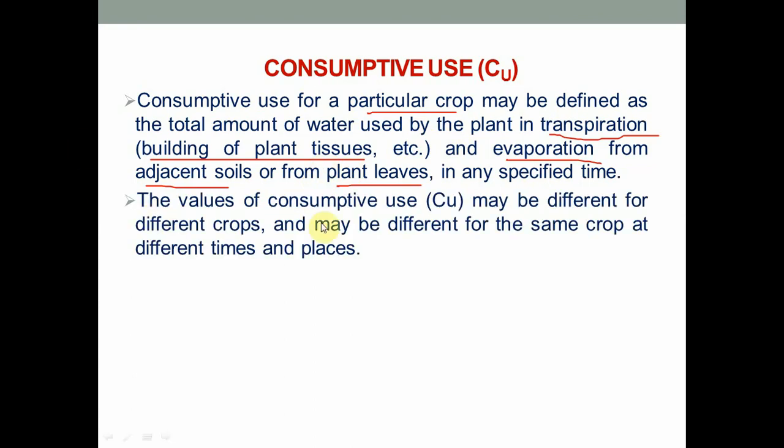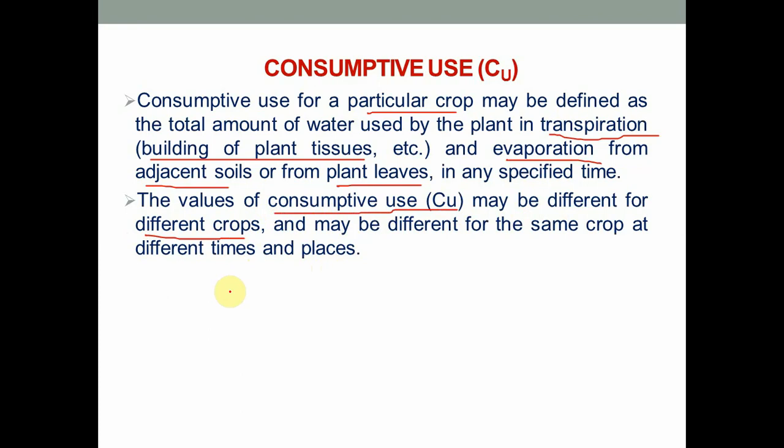Now, the values of consumptive use may be different for different crops and may be different for the same crop at different times and places. It means the consumptive use may be different for different crops.